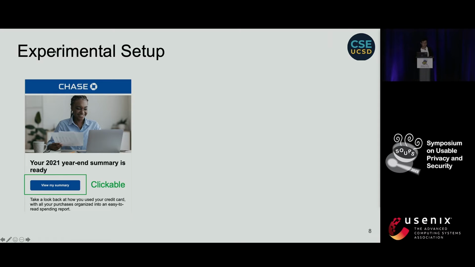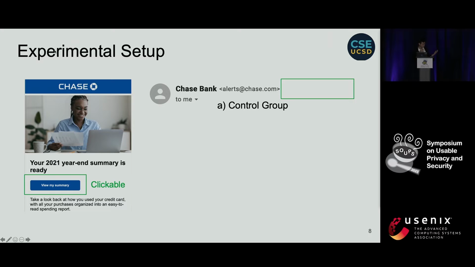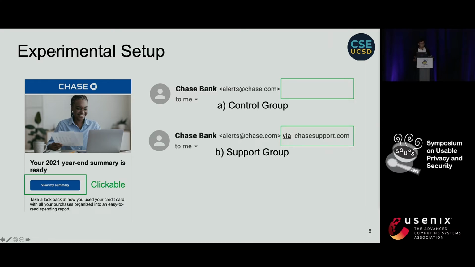All of our participants are shown the same email body, which is shown here. We adapted this email from a real Chase email. The difference among the groups is really the headers that they see. For the first group of participants, they see an email header without the via indicator. We term this group the control group. And moving on, we have another group of users who see a header with the indicator that says via chasesupport.com.